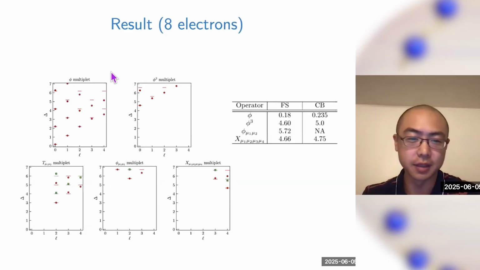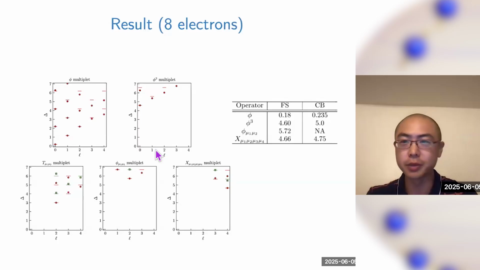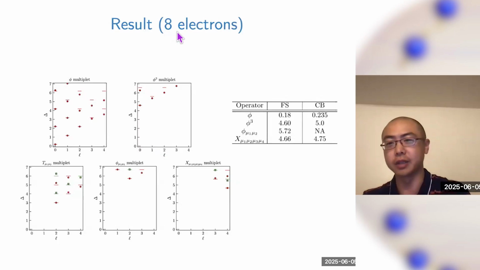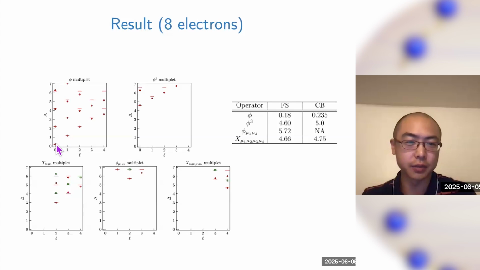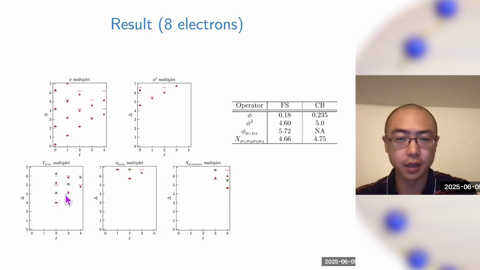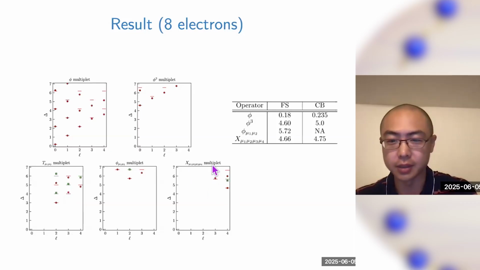And then this is the result that we can get for 8 electrons. You can see that we can resolve the conformal family or conformal multiplet for the phi primary and also the phi cube. And here it's the conformal family for the stress energy tensor, and this one is the conformal family for the spin 4 primary.